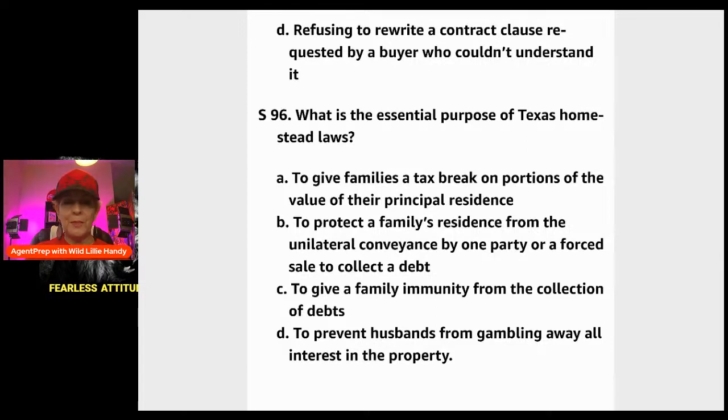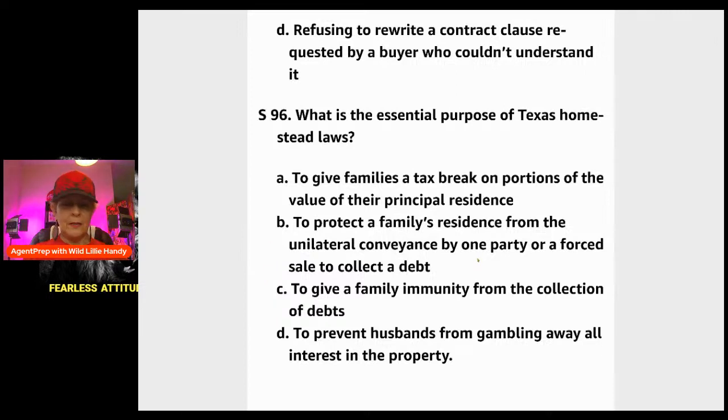What is the essential purpose of the Texas Homestead Law? So there's several definitions, okay, or vocabulary within the answers. All right, yes, the answer is B, to protect a family's residence from a unilateral conveyance by one party or a forced sale to collect a debt.